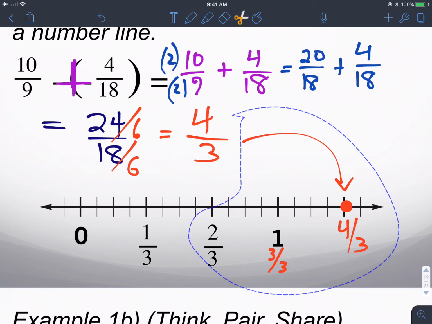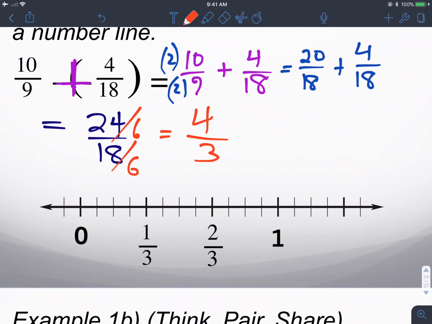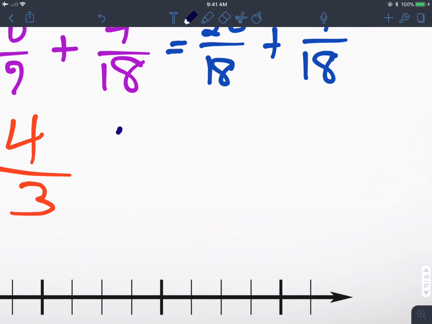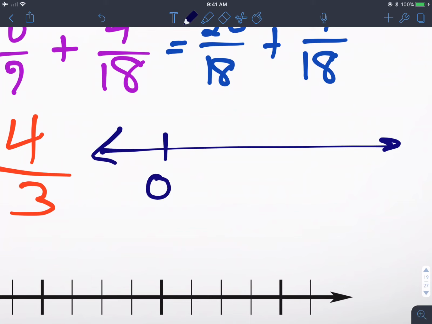Let me see if I can kind of explain what it's going to be like on that computer. On the computer, you're going to get a blank number line, right? But when you click on the mouse at 0, it'll drag and it'll go 1, 2, 3.